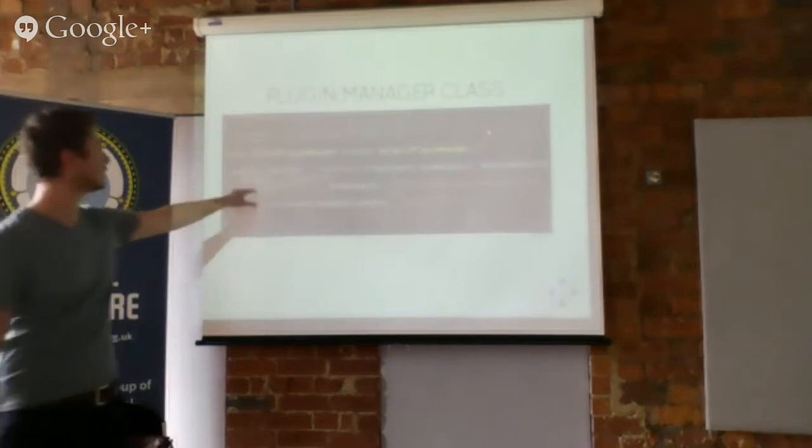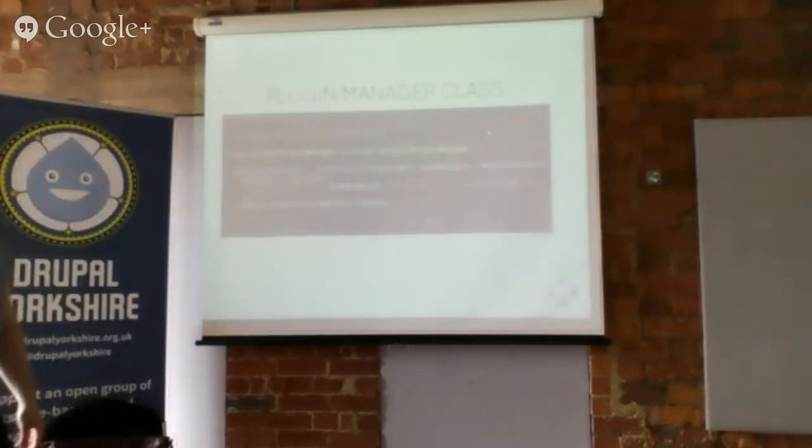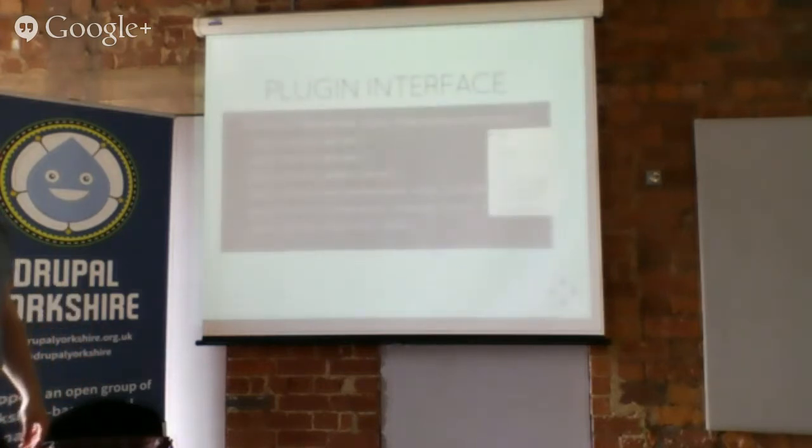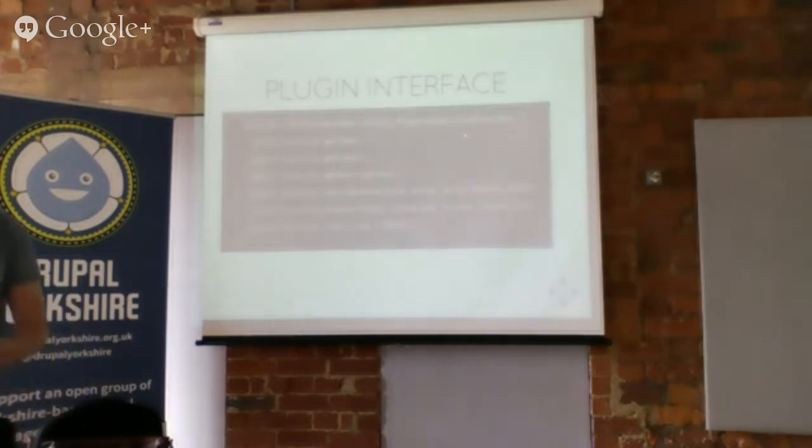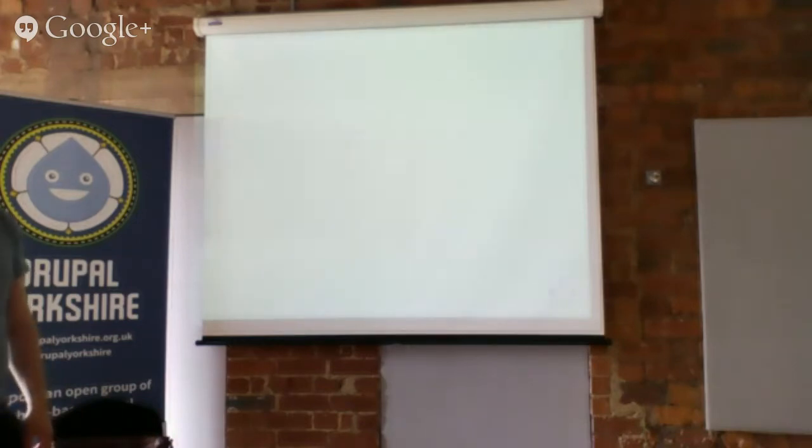As long as it's in plugin/filter, and it's got the annotation on it, and it implements plugin interface, that's all we need to do to add an additional filter. So any modules can provide filters and integrate with our module. And that's all there is to it, really.